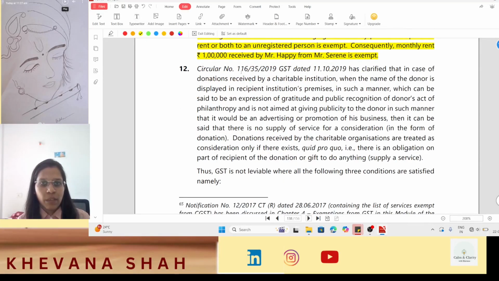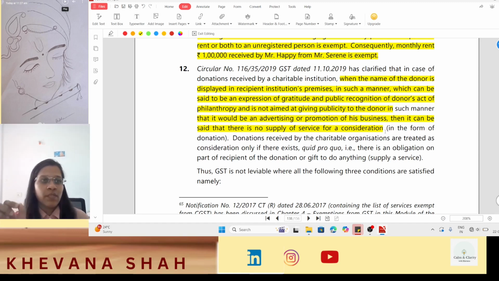See, circular number 116/35/2019 has clarified that in case of donations received by a charitable institution, when the name of the donor is displayed in the recipient institution's premises in such a manner which can be said to be an expression of gratitude and public recognition of the donor's act of philanthropy, and is not aimed at giving publicity to the donor in such a manner that it would be an advertising or promotion of his business, then it can be said that there is no supply for a consideration.